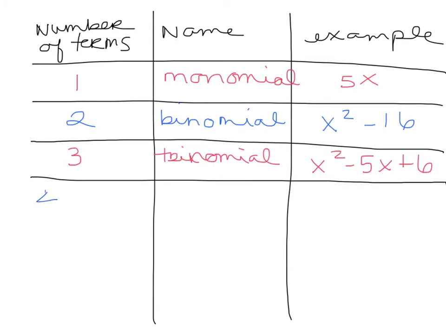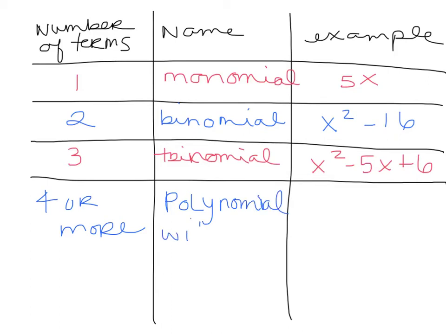4 or more are kind of all lumped together in one thing, and we call that a polynomial with, and then I'm going to write a blank and then terms. So depending on what the example is, however many terms we have, you fill in that blank.